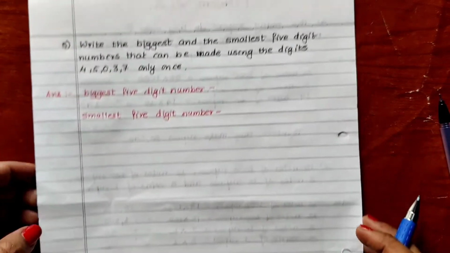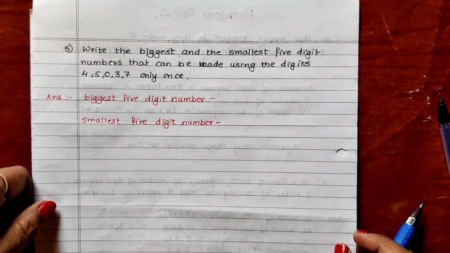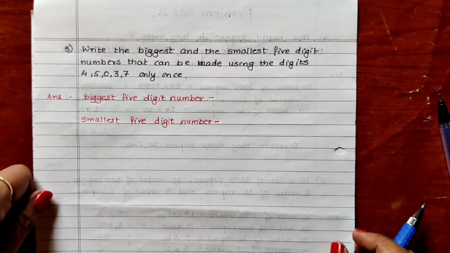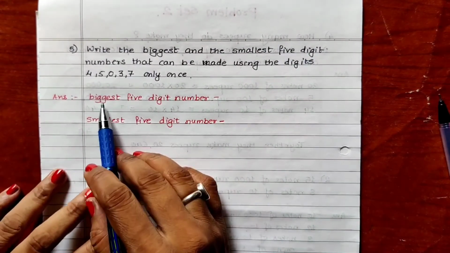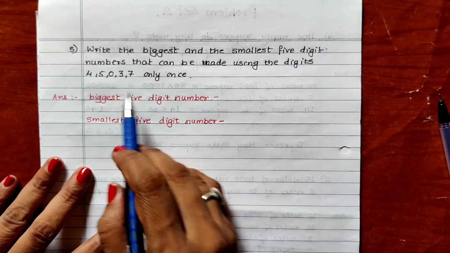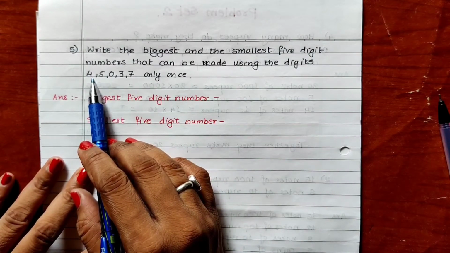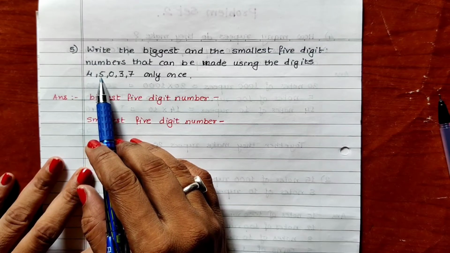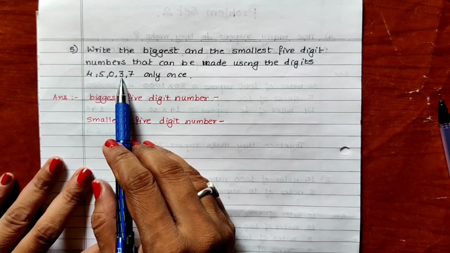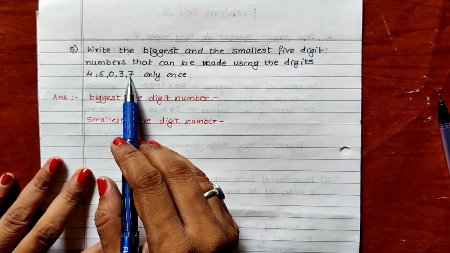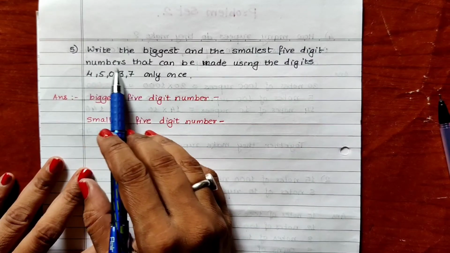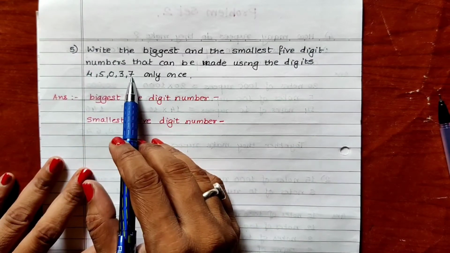I have written the question as it is on my page, and now I will write the biggest 5-digit number. For writing the biggest 5-digit number from these digits, which is the biggest digit? Is 4 the biggest? No. 5? No. 0? No. 3? No. 7? Yes. 7 is the biggest among all these digits.